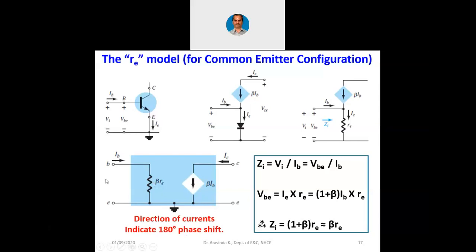When IB is increasing, IC also will be increasing, but it will have a negative sign because it is in the opposite direction. So we are going to use a negative sign in future just to indicate this 180-degree phase shift.